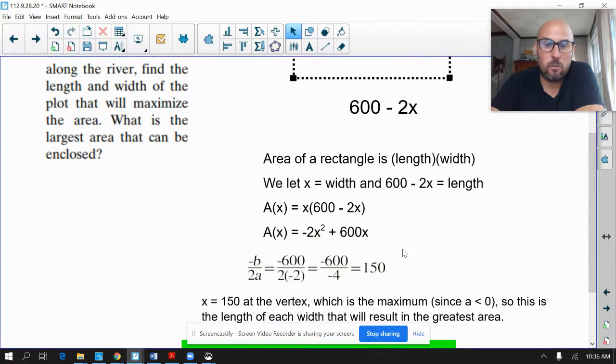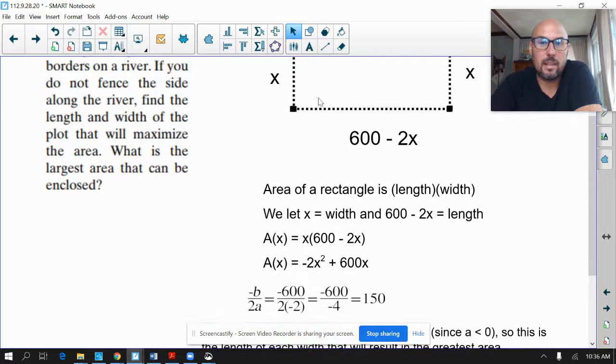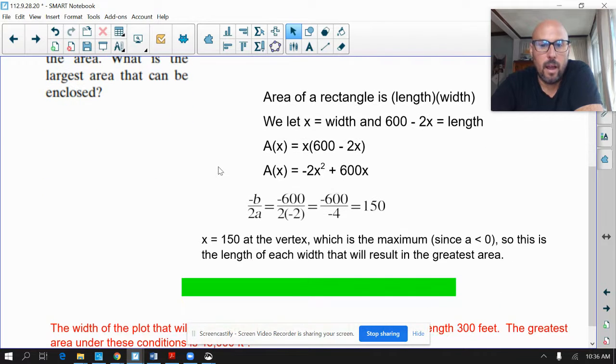So to find that, we of course find the vertex. Negative b over 2a results in 150. So when x is 150, that will tell us the length, this x value, that will give us the maximum area.